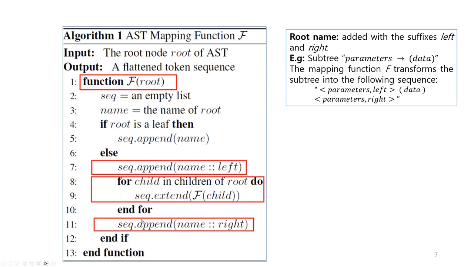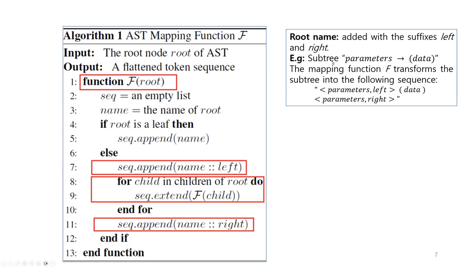So finally, when we finish our traversing, we finish by taking the root node's name, followed by the right suffix. So in this whole process, we can understand that the root name is suffixed with left at the beginning, and at the end of our traversing throughout the subtree, we end by suffixing with right.